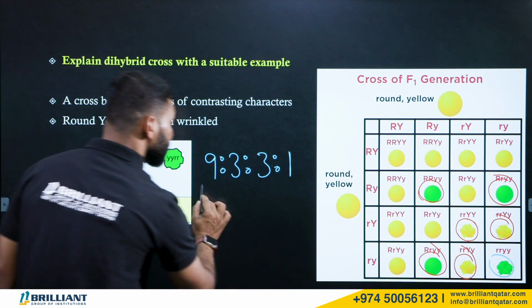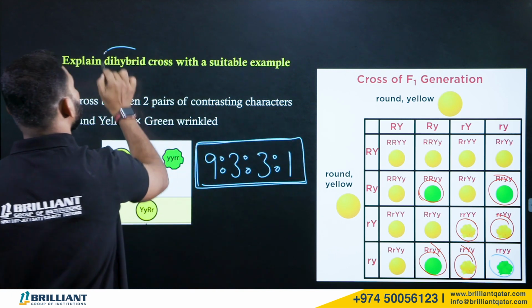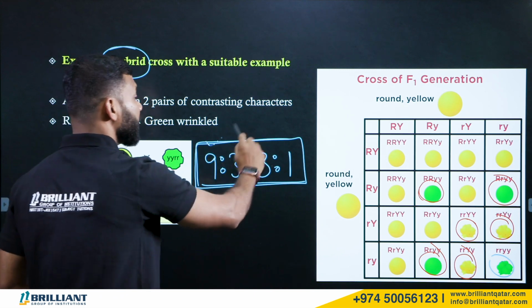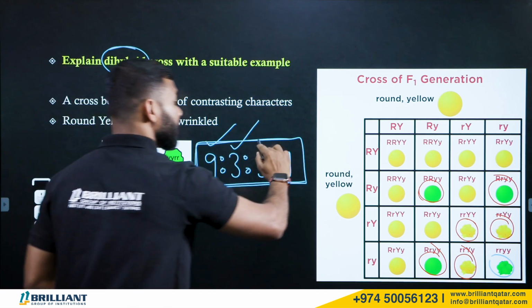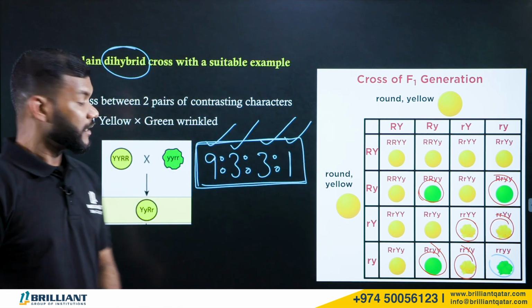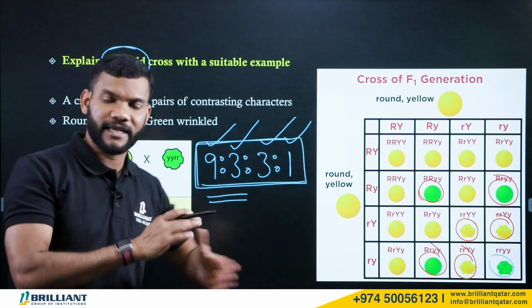So this is the phenotypic ratio of the dihybrid cross. According to the phenotype, we got 9 yellow round, 3 green round, 3 yellow wrinkled and 1 green wrinkled. This is what is called the phenotypic ratio of a dihybrid cross.